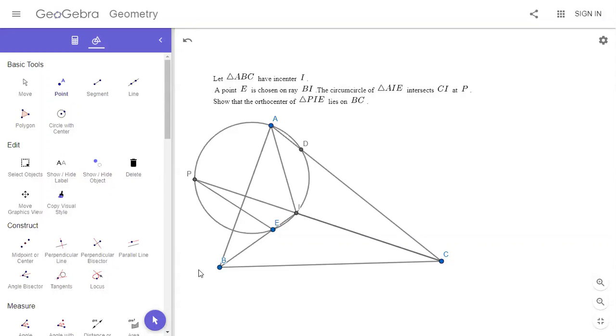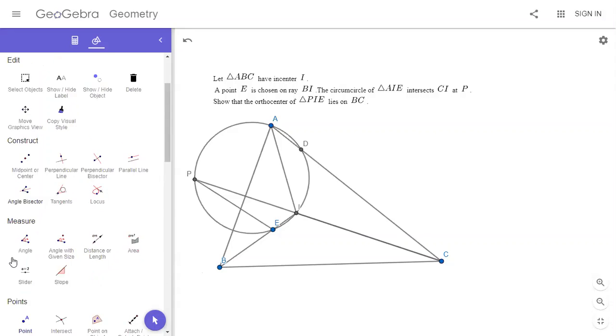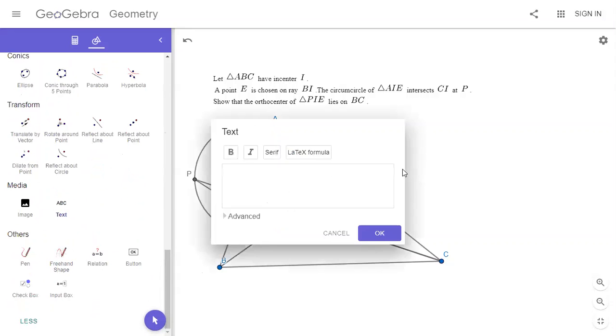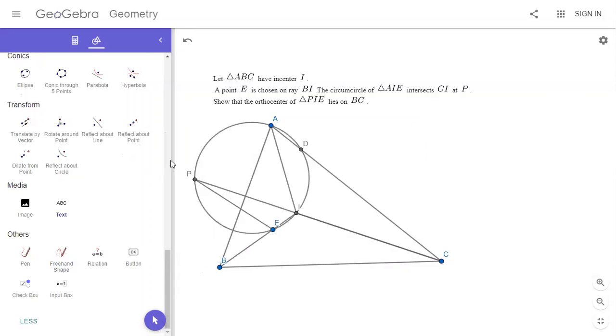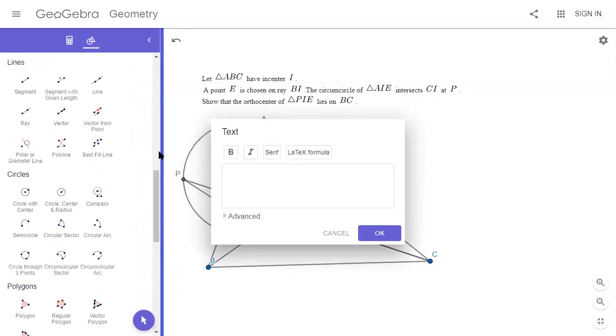I'm just sort of doing an angle chase in my head here. Let's see where I can go with this. Let me move this away a little bit.